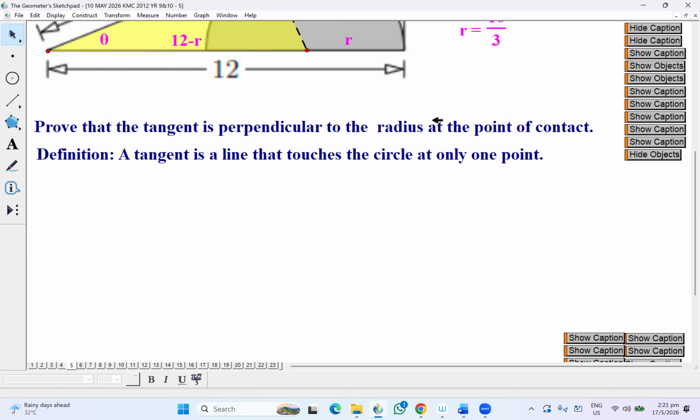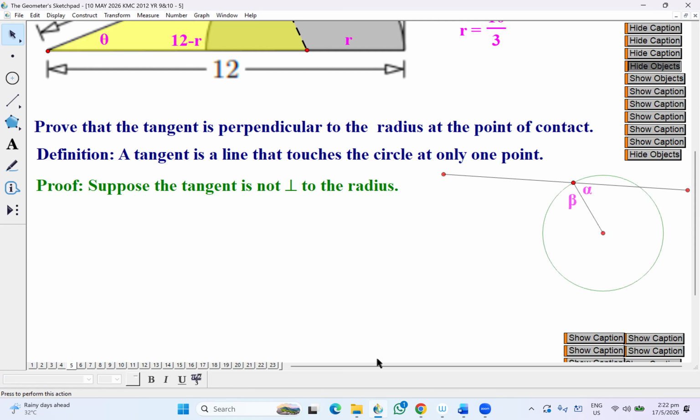So to prove, we suppose the tangent is not perpendicular to the radius. Okay, if it is not perpendicular to the radius, then let's look at a diagram like this. Suppose it is perpendicular, then it will be more like this.